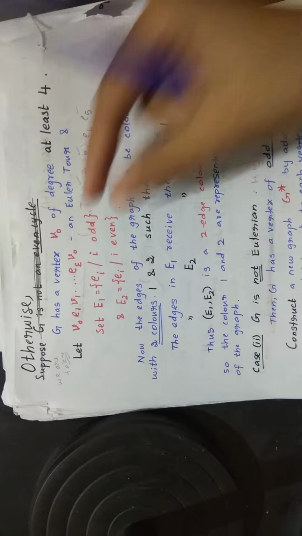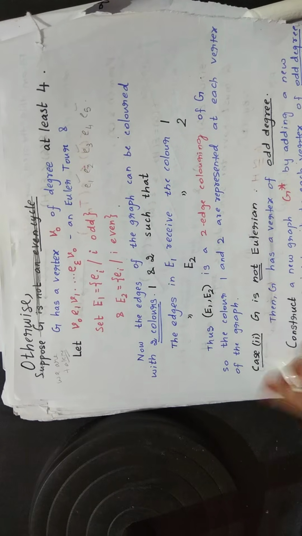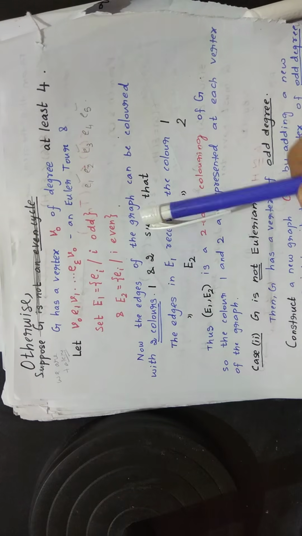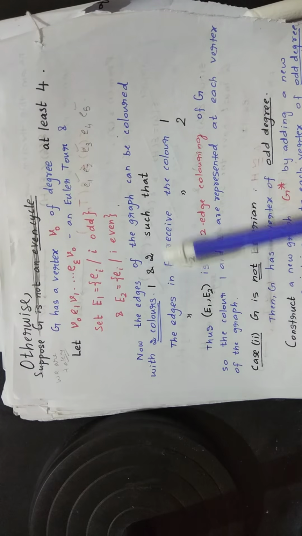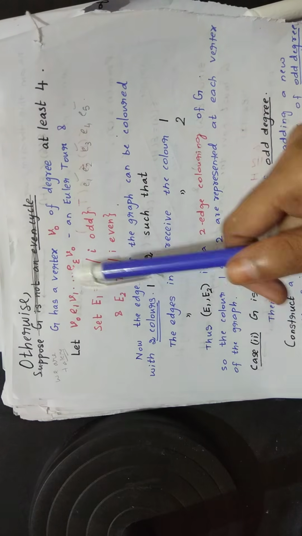After dividing the edges into two sets, you are coloring them. The edges of the graph can be colored with two colors, 1 and 2, such that the edges of E1 receive the color 1 and the edges in E2 receive the color 2. Is that clear?